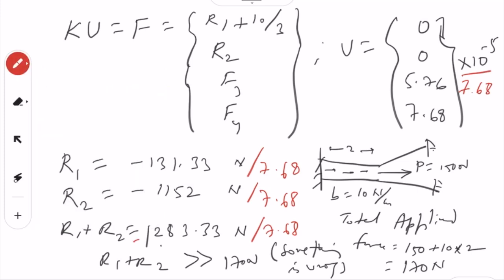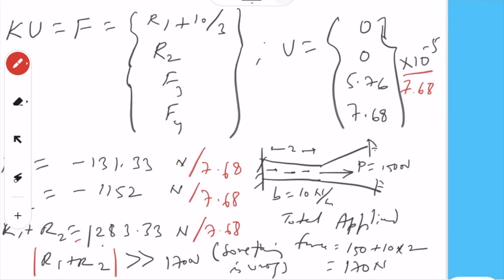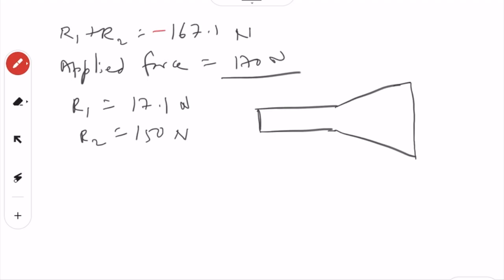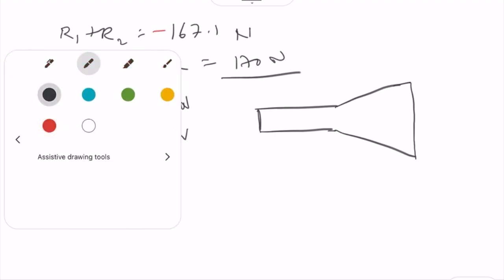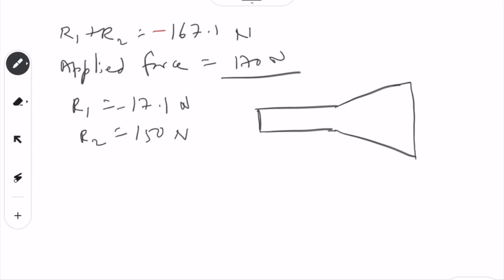So R1 is equal to minus 17.1 Newton, and R2 is minus 150 Newton, and then you have P, which is given to be P equal to 150 Newton.